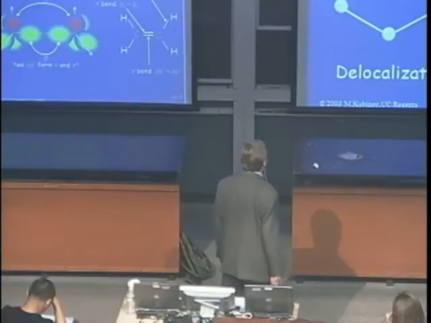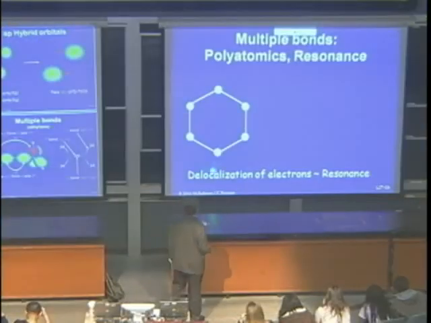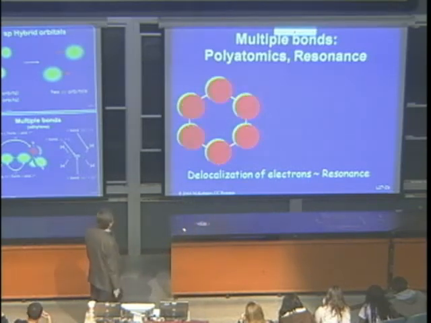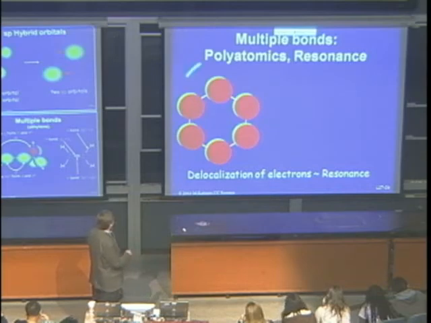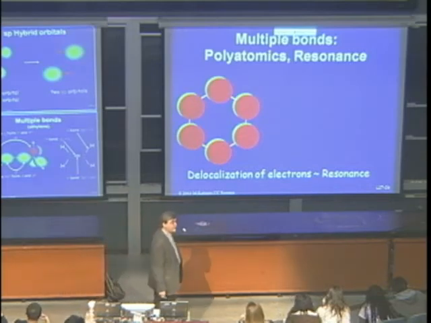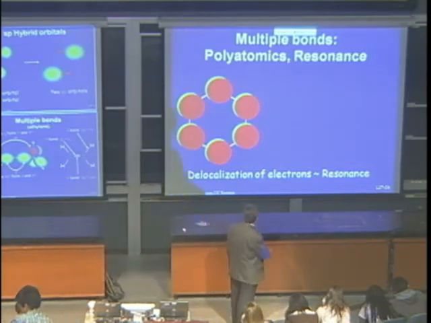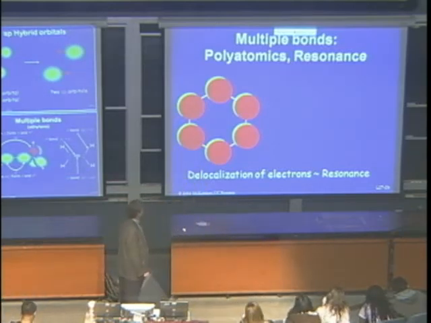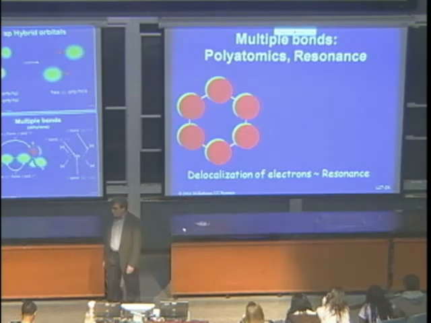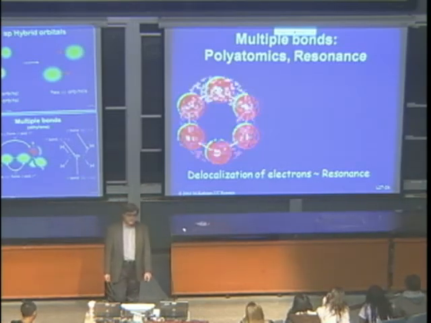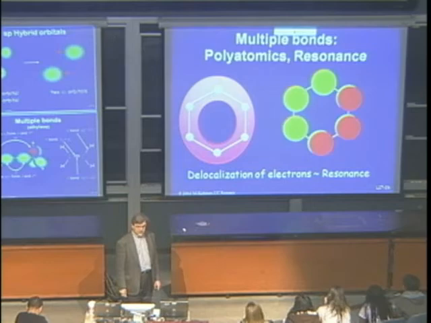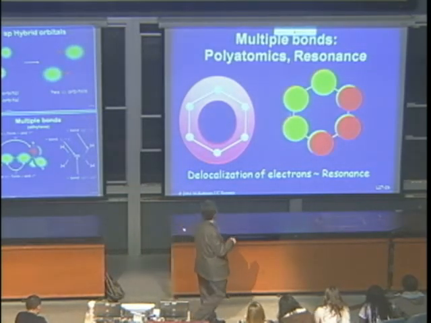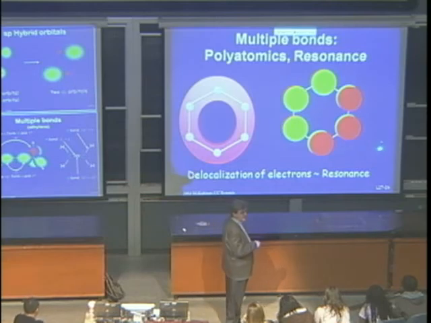So let's continue with benzene, and we look at the delocalization of electrons, or the resonance. So this would be one possibility, that they are all constructively interfering with each other, and they would form one possible energetic constellation. So this is how this looks. There's, of course, the other possibility that half of them are in phase and the other half are out of phase.